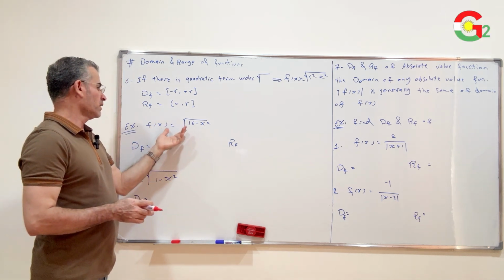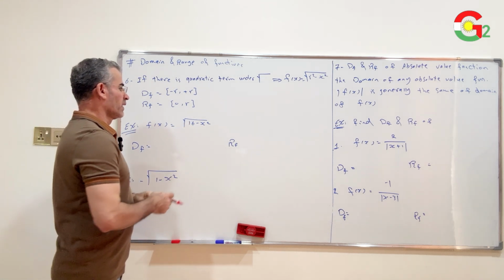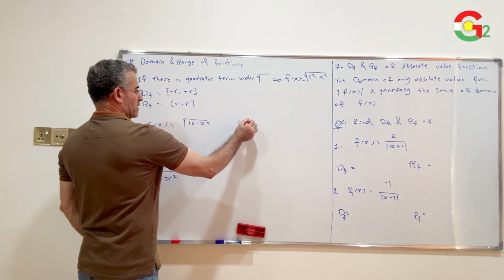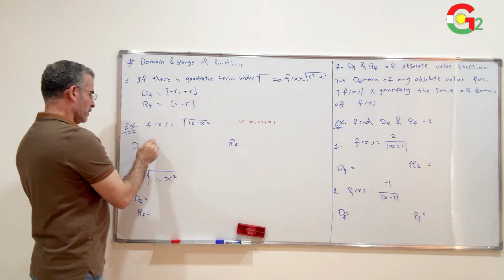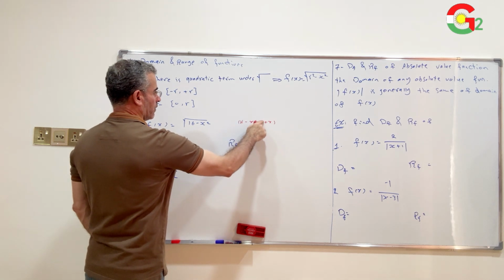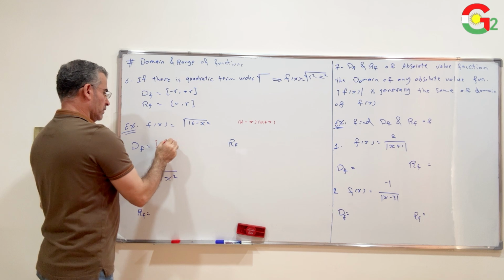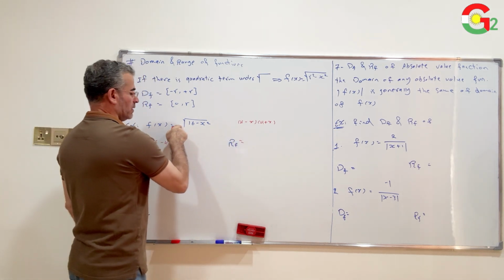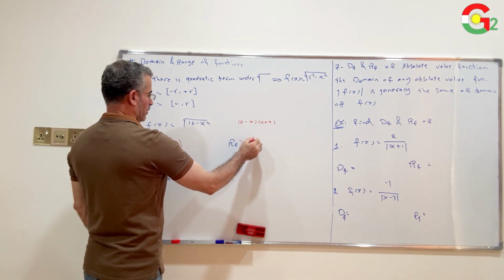Example, find the domain and range of the function square root of 16 minus x squared. 16 minus x squared is analyzed as 4 minus x and 4 plus x. Then the domain will be negative 4 to 4, and the range will be, since the root is preceded by positive, from 0 to 4.